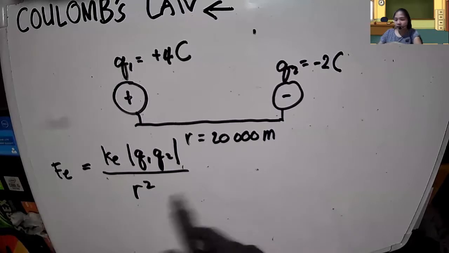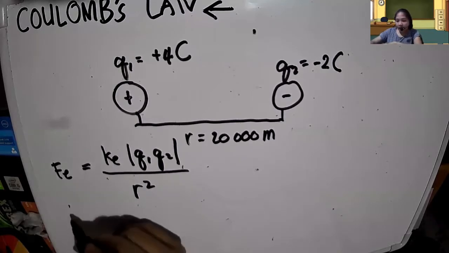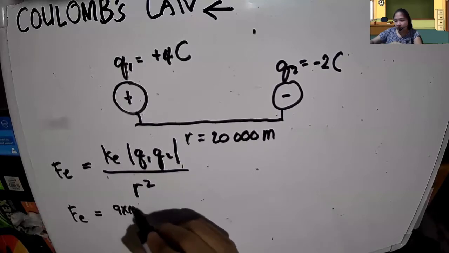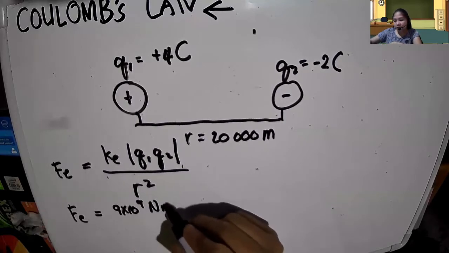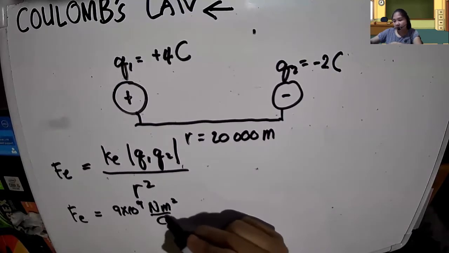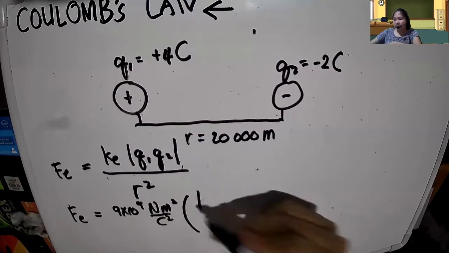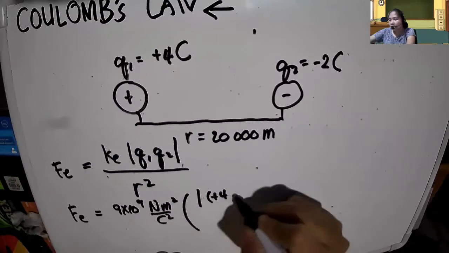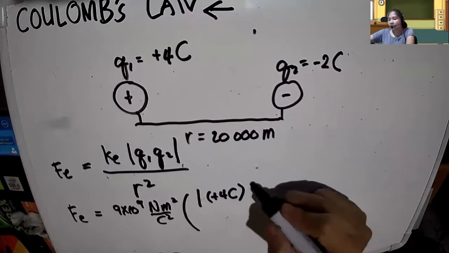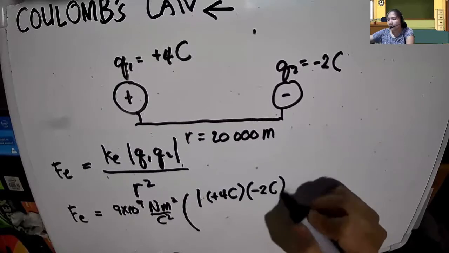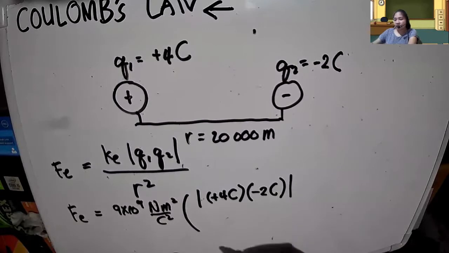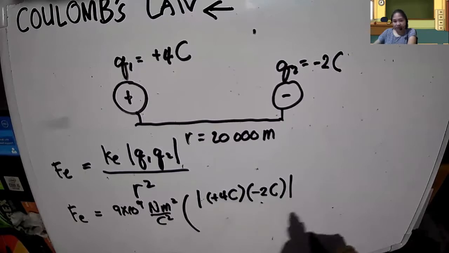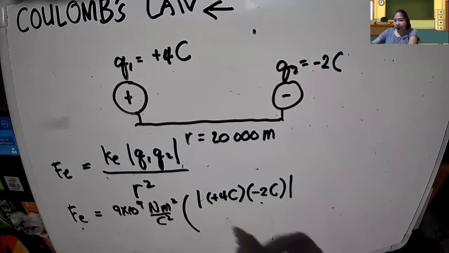Let us substitute the values. Fe is equal to 9 times 10 to the power of 9 Newton meter squared per Coulomb squared times the absolute value of Q1, positive 4 Coulomb, and Q2, negative 2 Coulomb. We get the absolute value, which means the answer is always positive, because we are just getting the magnitude of the electrostatic force.